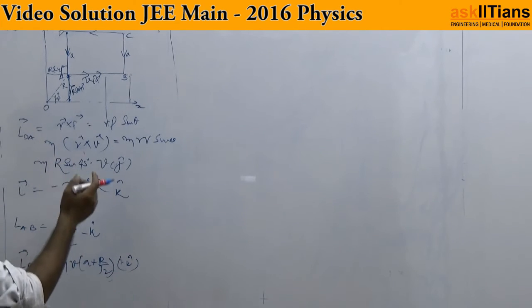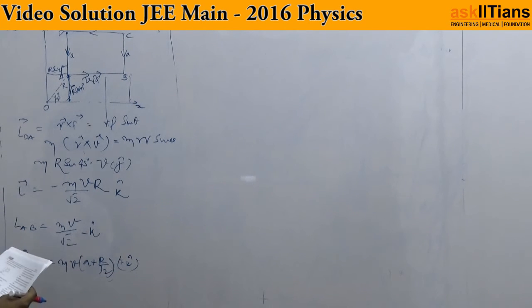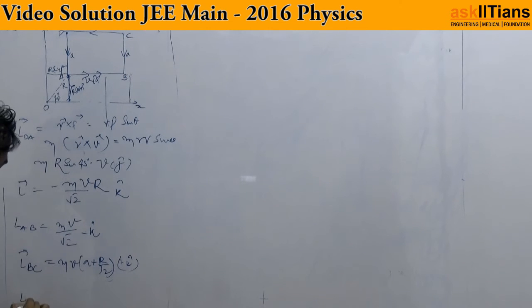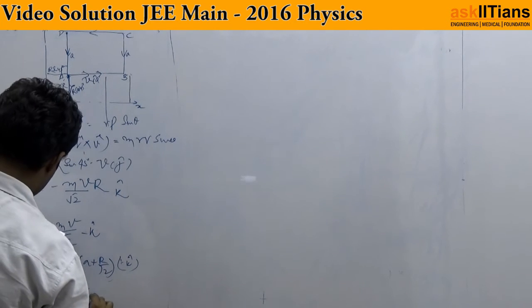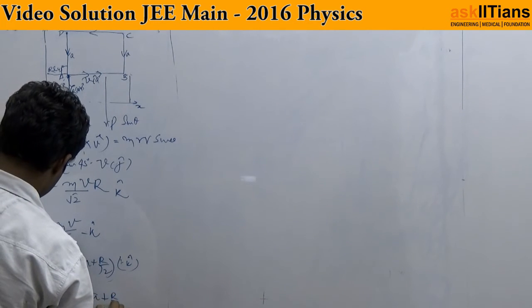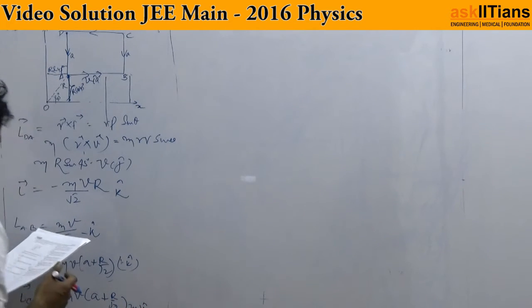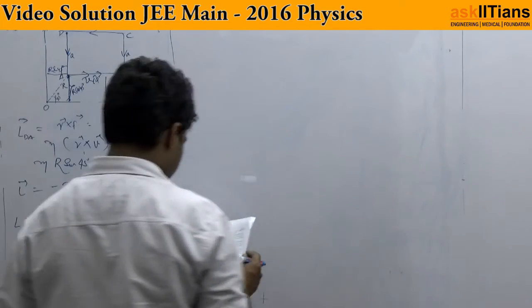So that's why we can say option C is the correct choice over here, and option A is also a correct choice. Now option D: if we want to calculate the angular momentum from C to A, C to D, that is equal to m into v into A plus R by root 2. For this case we will take it positive.